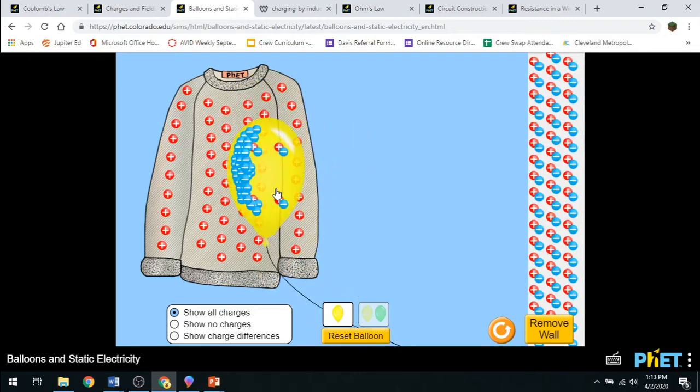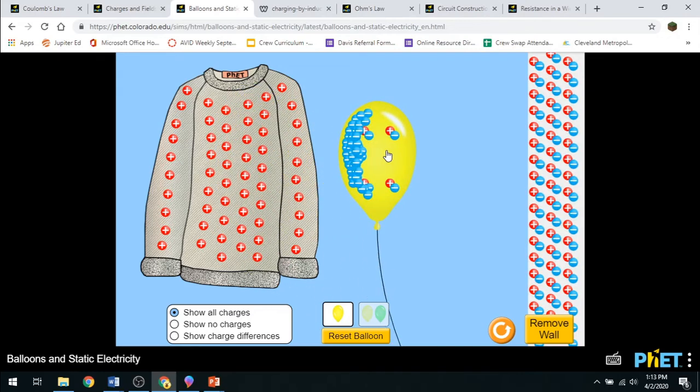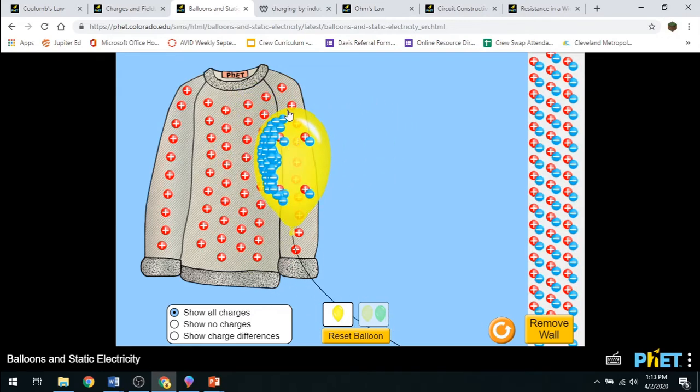Okay, so that we can build up a set of electrons on the balloon. Notice it's only on the surface of the balloon, this part of the balloon that touched the sweater. The right side of the balloon didn't touch the sweater and doesn't have any charges on it.